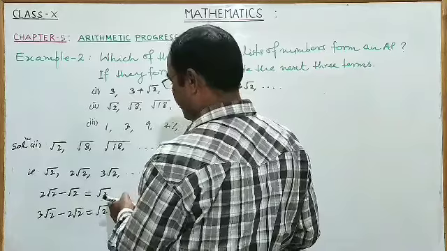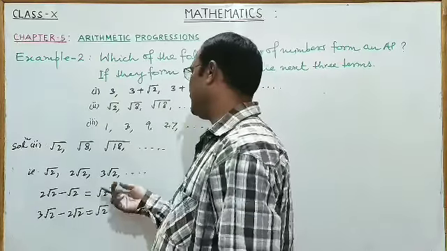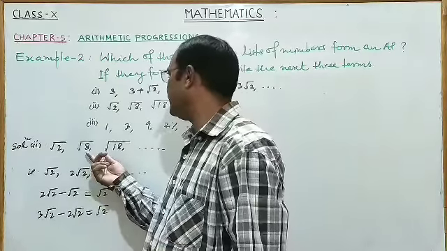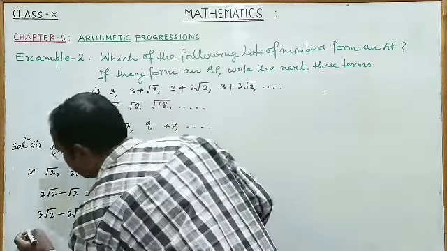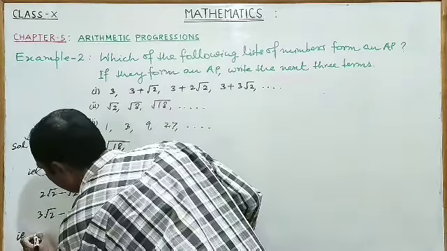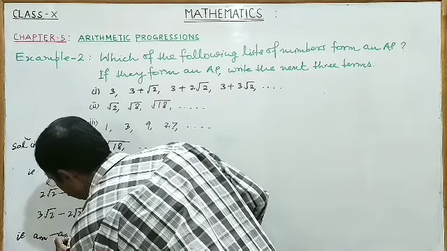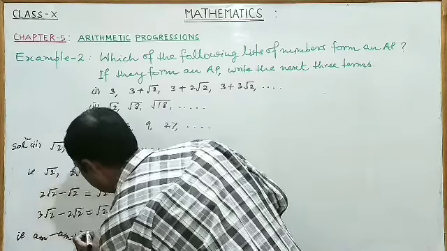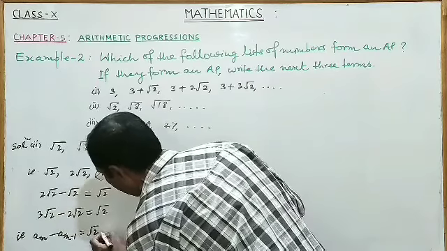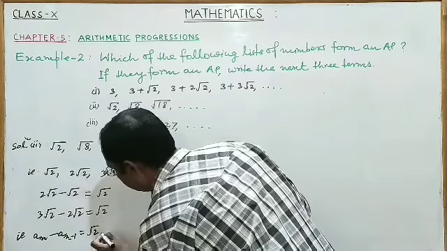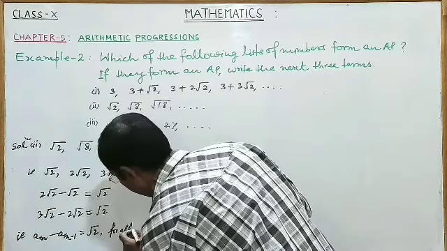So from here we find that the difference between consecutive terms of this list of numbers is same. So that's why we can write a n minus a n minus 1 is equal to under root 2 for all n.